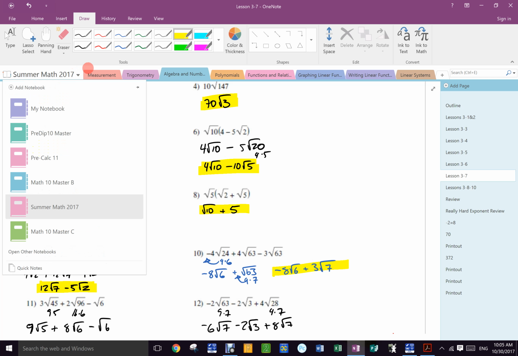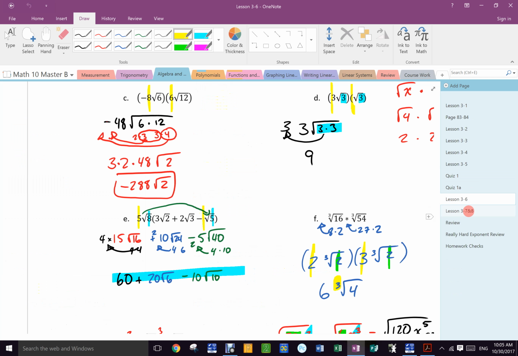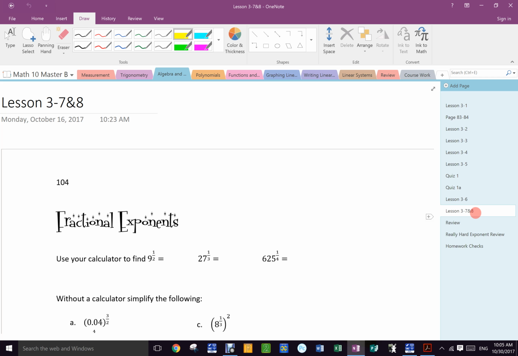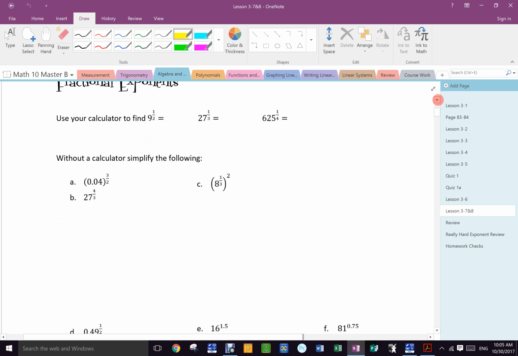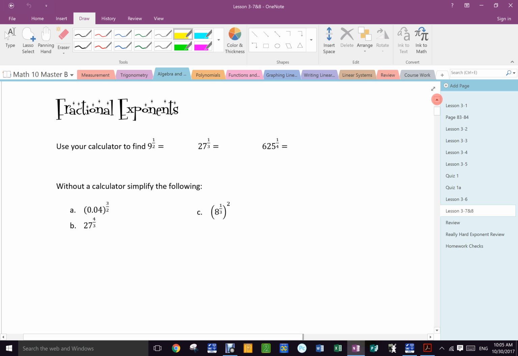Okay. Please open your books to, I believe it is 104. Should say fractional exponents, one of my favorite fonts. All right.